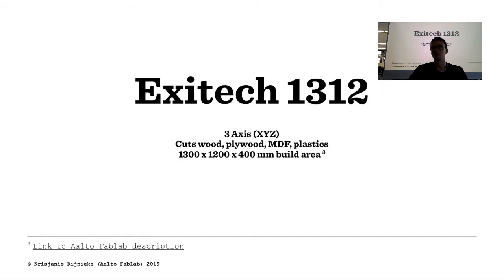But then the Exitech 1312. 1312 stands for 1,300 and 1,200 millimeters along the x and y axis, and with this you can cut comparably huge objects to the 2 other machines that I just showed. So 1,300 by 1,200 and 400 millimeters, or 40 centimeters, in height.